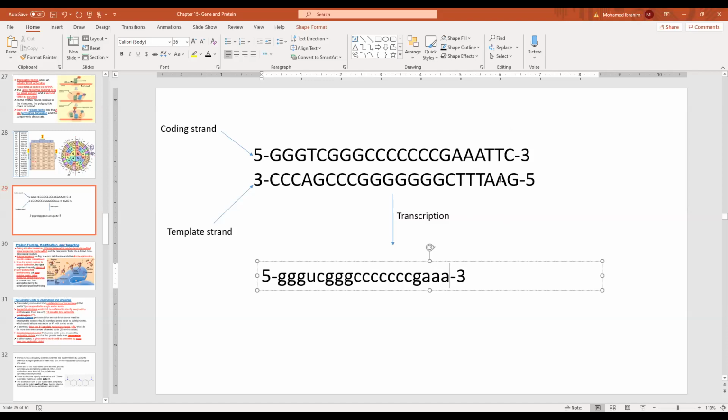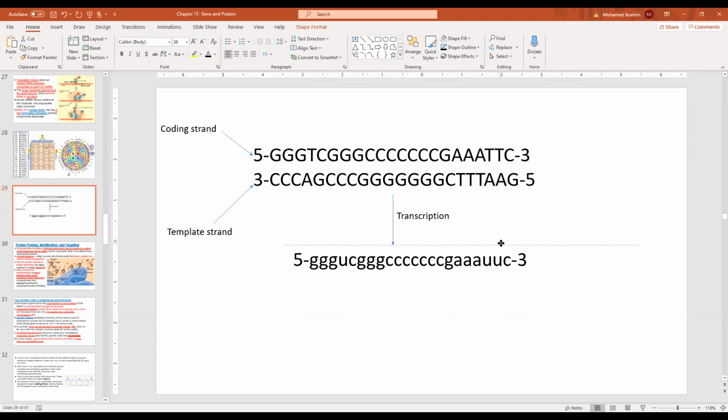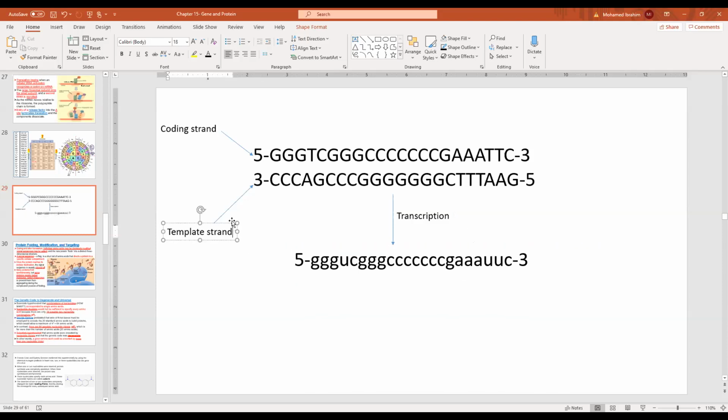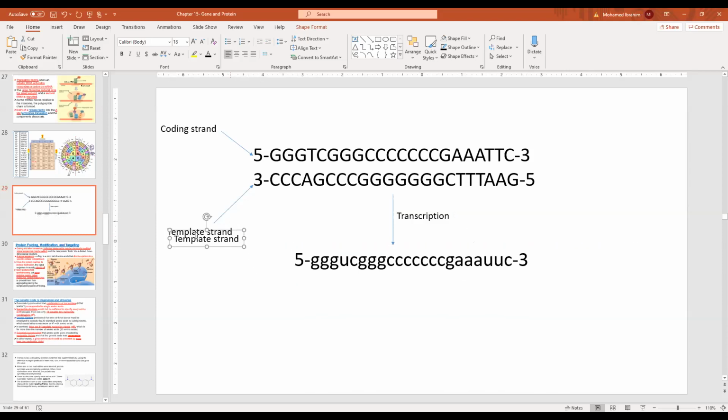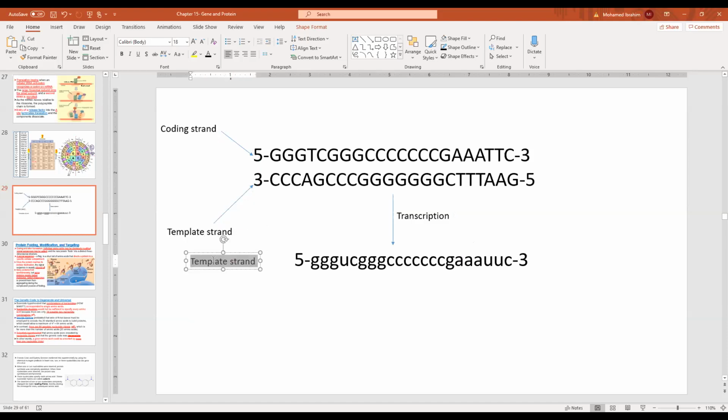Now, AA, what is the complementary of AA? UU. Yeah, UU. I can't put TT here because it's UU. And then G is going to be a C. So that will be my messenger RNA.